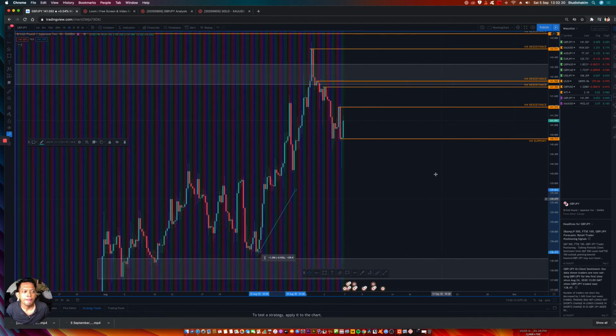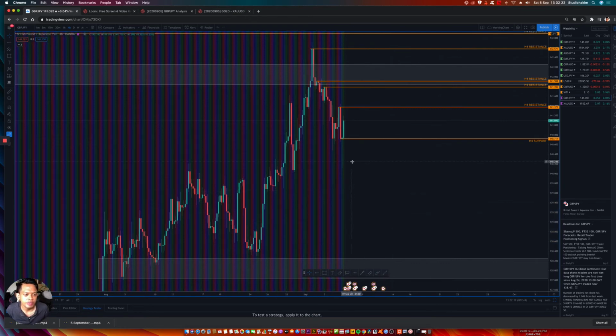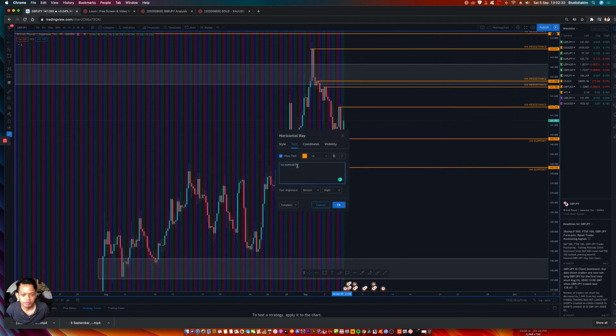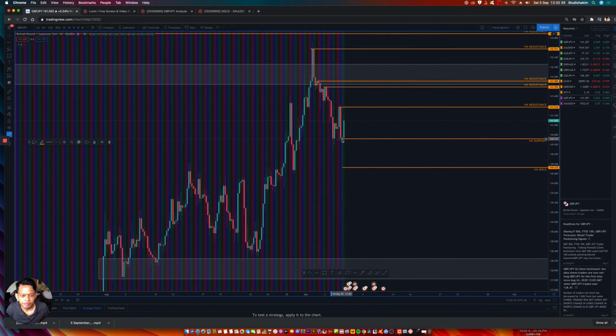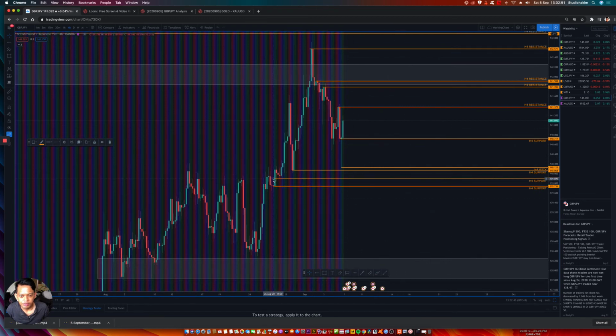So the next thing I will do is, again, I'm just doing the bearish possibility. Actually, I put here instead of support as weak. This will be the support, and the support here, and support here, and support here.